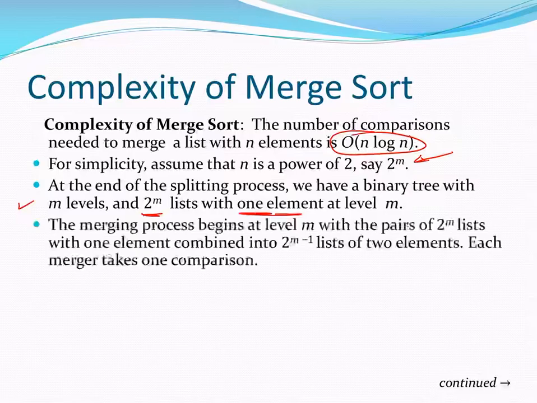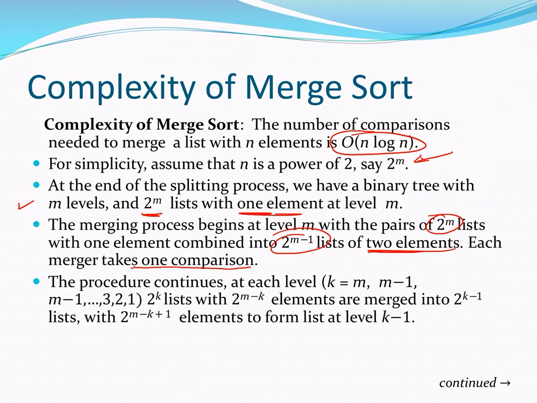And then we start at that level, and we go from 2 to the m lists to 2 to the m minus 1 lists with 2 elements. And then we have to take 1 comparison to build each of those lists.